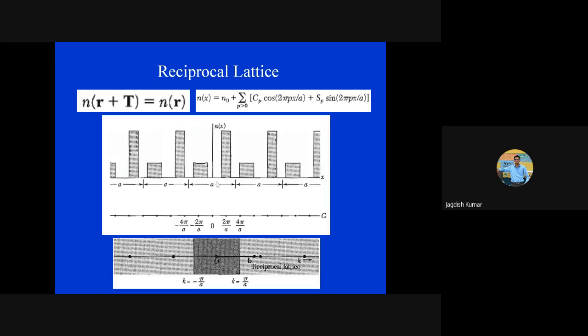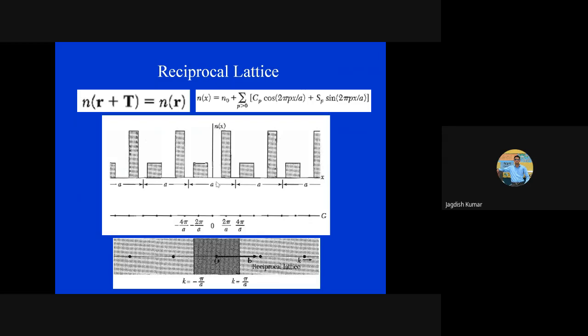So even an ideally periodically repeating structure in real space can be represented with a finite number of terms in the reciprocal space. That is one very interesting advantage of the reciprocal space. I don't know whether you could understand what I'm trying to say regarding the good thing about reciprocal space, but that's one thing.